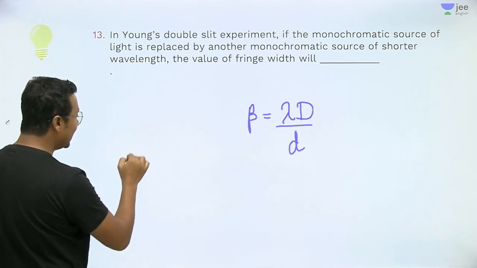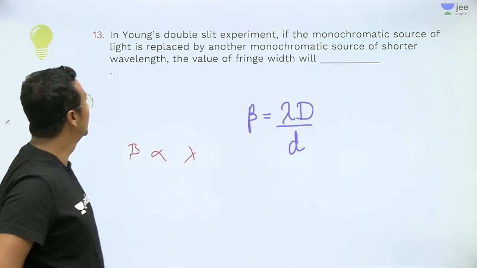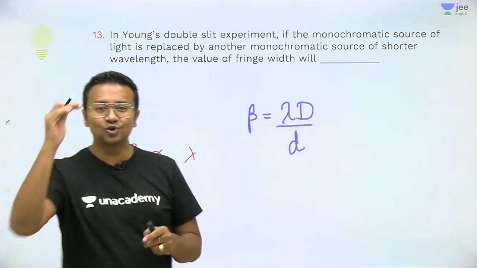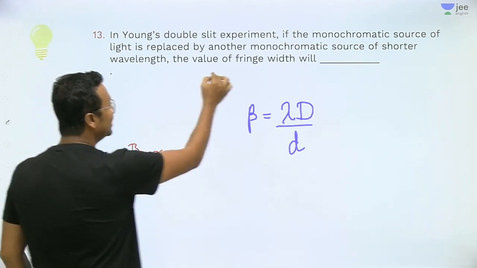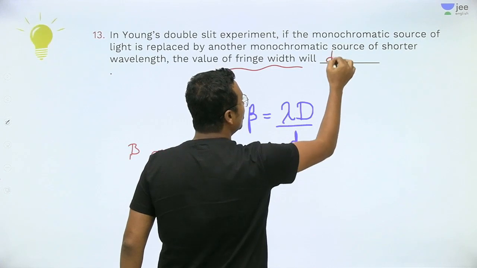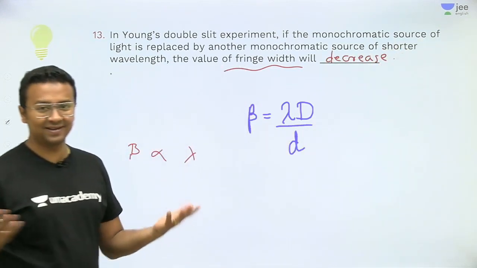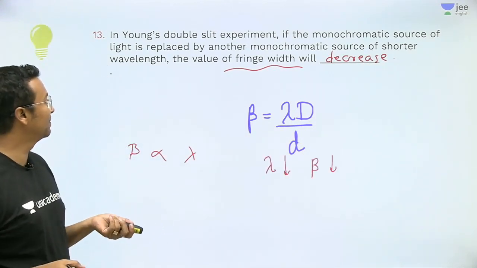See, beta, the fringe width, is directly proportional to lambda. You are replacing it by another monochromatic source of shorter wavelength, so lambda is decreasing. If lambda is decreasing, then the value of beta will also decrease. Alright, simple enough. Now, let's go on to the next one.